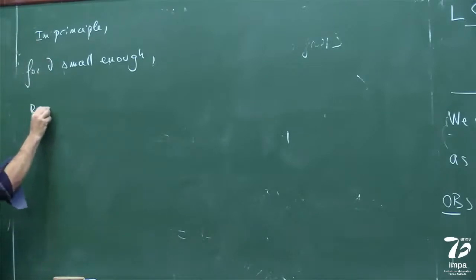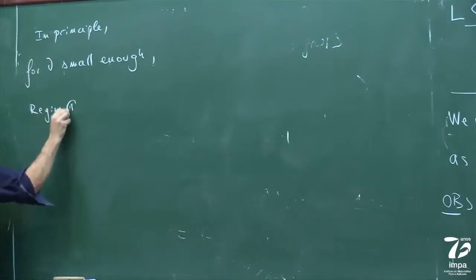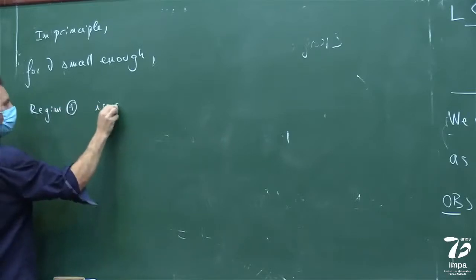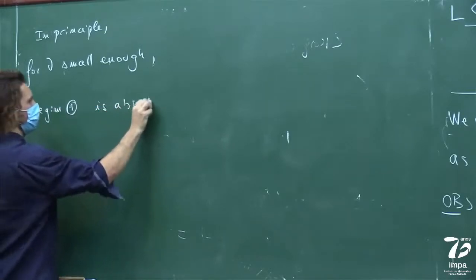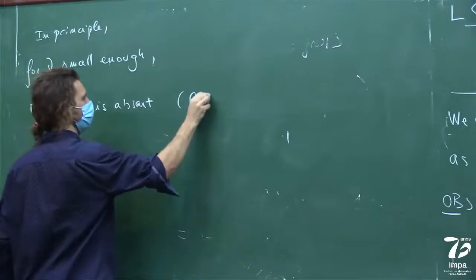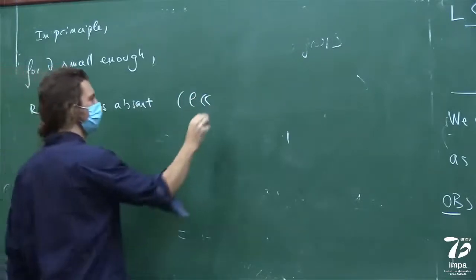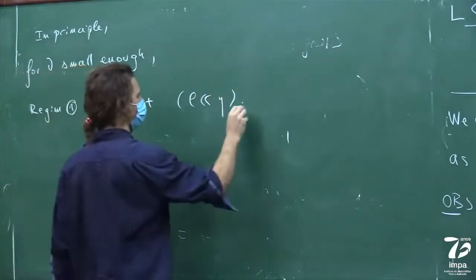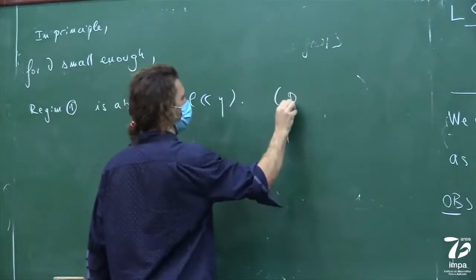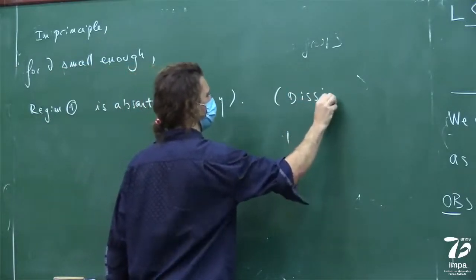Regime 1 is the regime where L is very small compared to eta. This corresponds to what we may call the dissipative range.